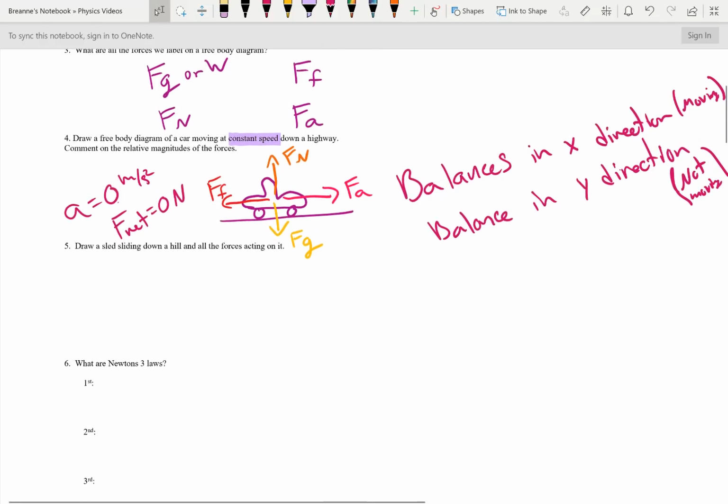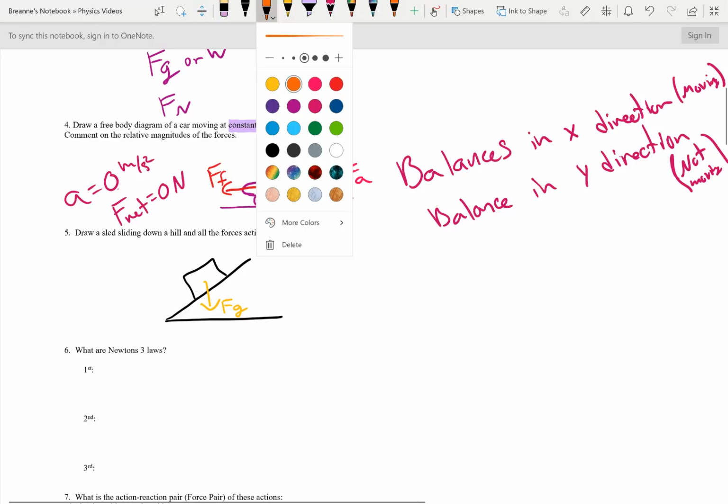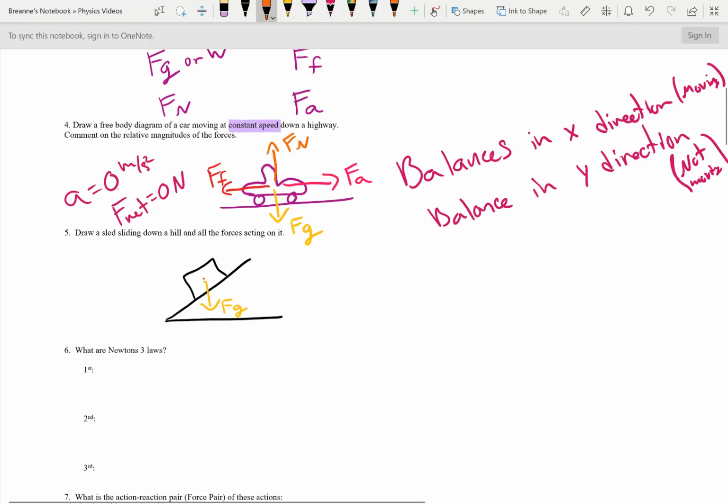Okay, so it says draw a sled going down the hill. What forces are acting on it? So we have a hill, we have our sled. Force of gravity goes straight down. We have a force of normal. Remember, in this case, force of normal goes with the surface.